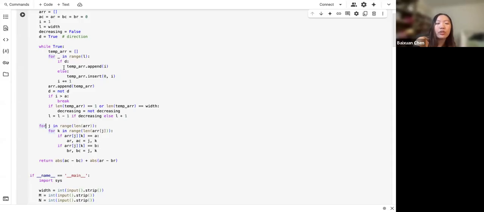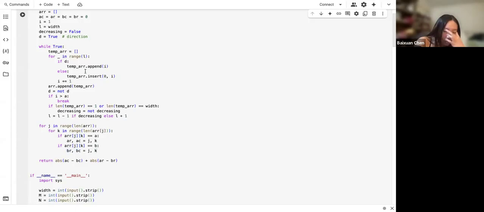So then you can just do a double for loop and search through the array, and then if it's equal to A, then you just set AR and AC to be these values. And then if it's equal to B, then you can set them to be the values.